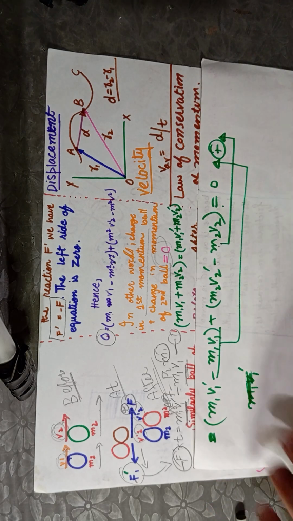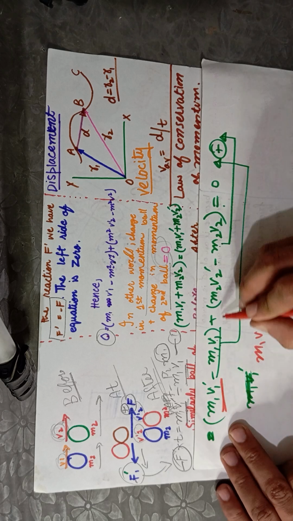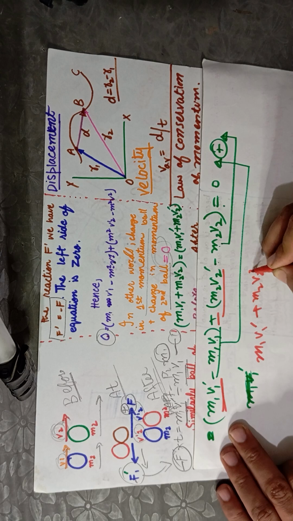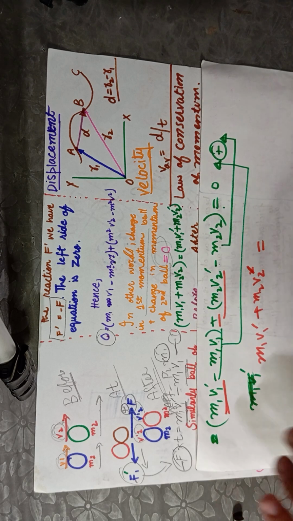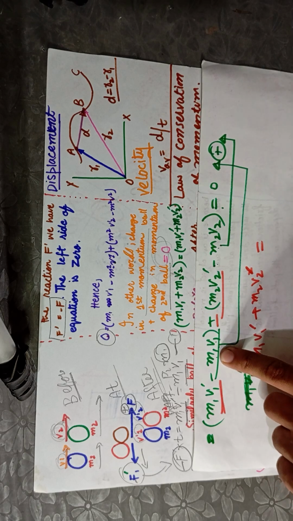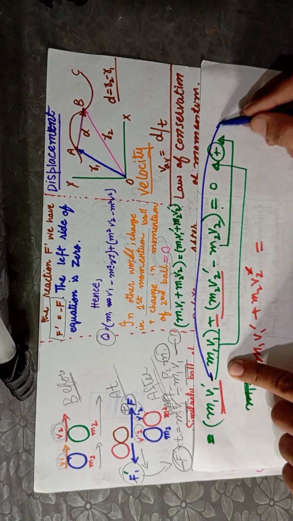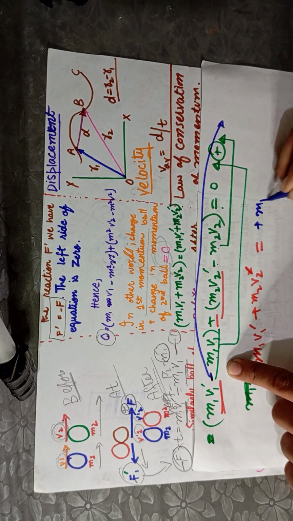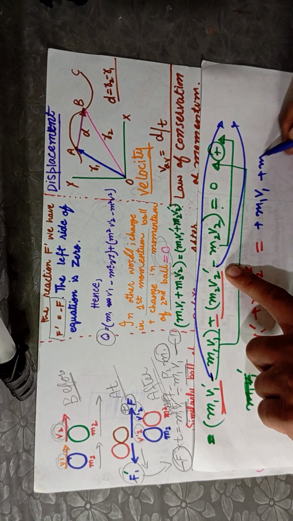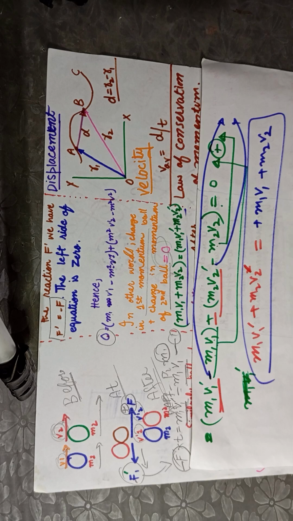Now m1 v1 dash plus m2 v2 dash is equal to m1 v1 plus m2 v2. This is the final equation.